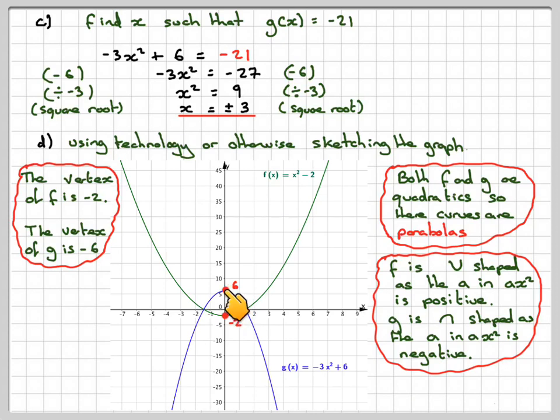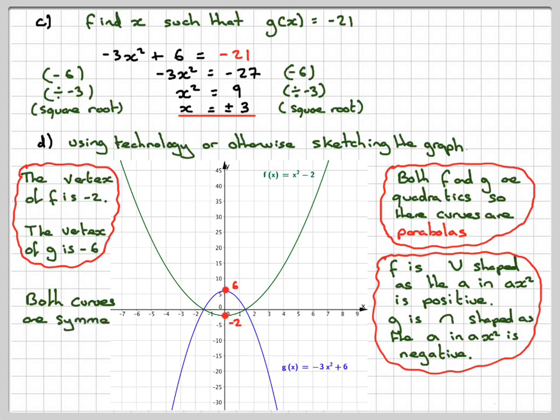That comes from here, when it says plus 6. If you remember, the green one here is x squared minus 2, so the minus 2 gives me the vertex, and the plus 6 gives me the vertex of this one. So we're getting some of the characteristics of these quadratic graphs, transformations of them.